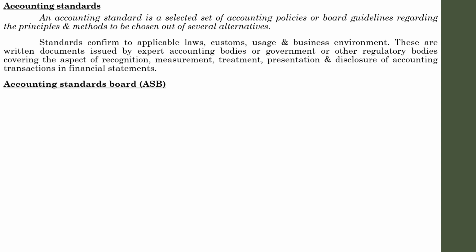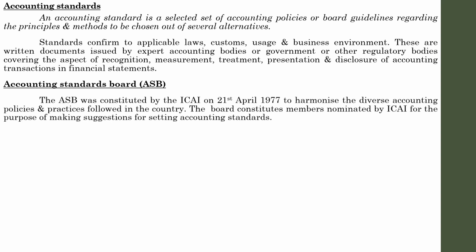Next is the Accounting Standards Board. The Accounting Standards Board, otherwise known as ASB, was constituted by the Institute of Chartered Accountants of India, otherwise known as ICAI. Kindly familiarize all these terms.